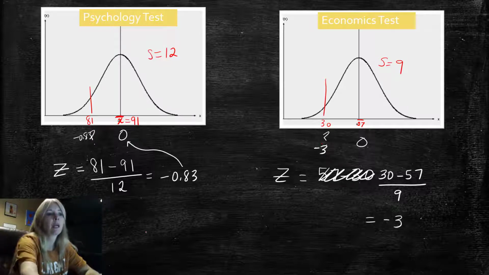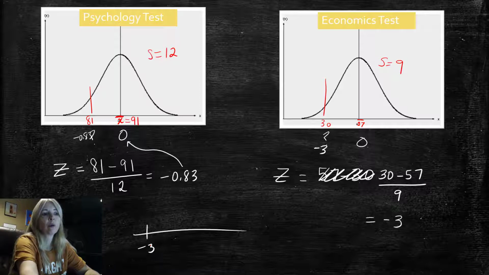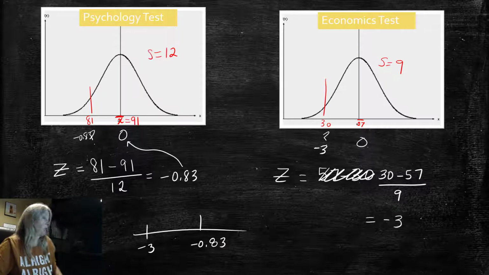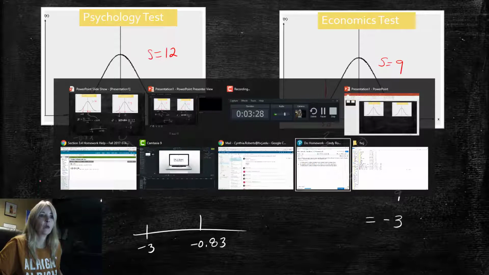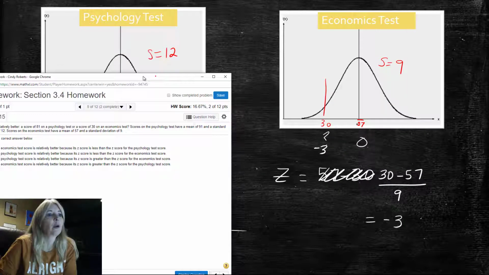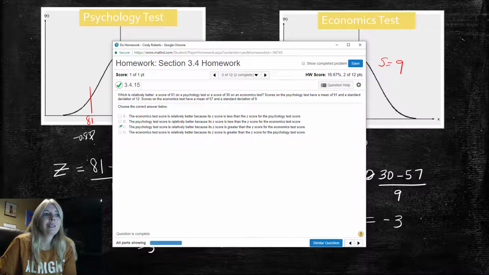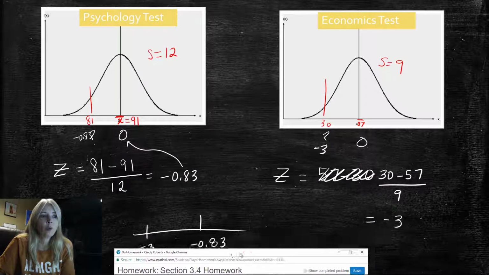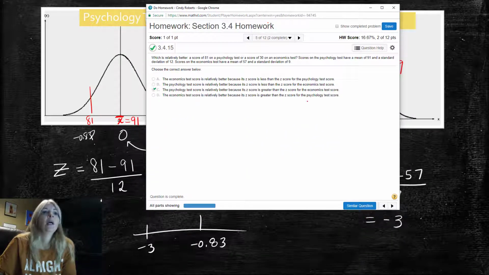If you think about a number line, negative 3 is certainly way, way below. Then it asks you the question, and they give you a list to choose from. The psychology test score is relatively better because its z-score is greater, because the negative 3 is more negative than the economics test score.